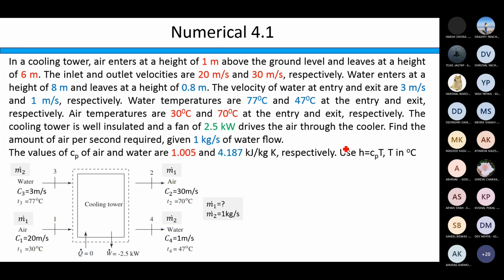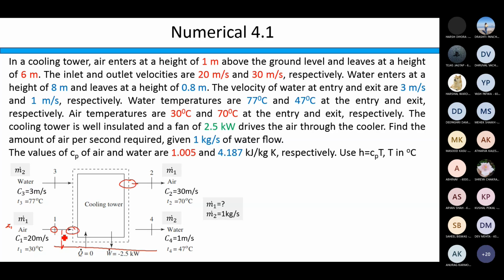Now there are two streams. The air is entering at section 1. Now you can select the datum, any random datum like this, and note down what is the Z1. Similarly, the air is going out from this. So this is air inlet, air exit.